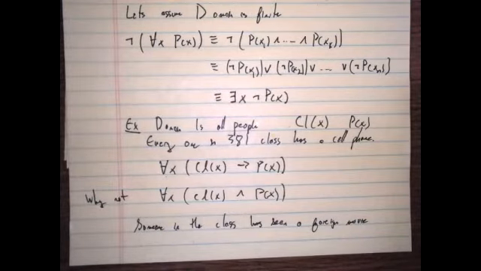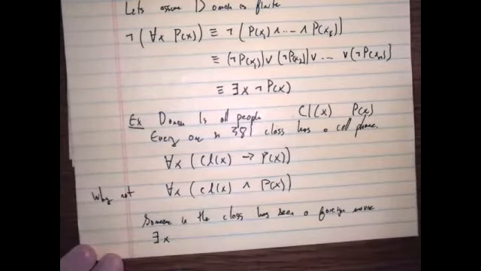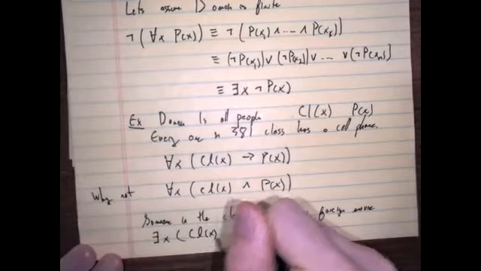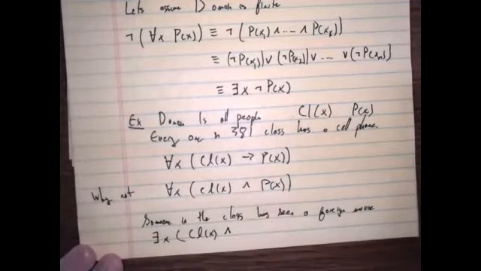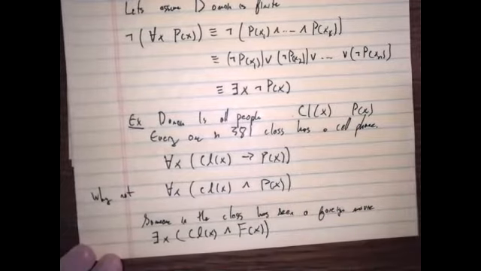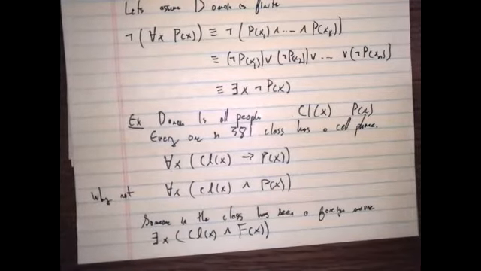So let's see. Here I would put there exists an X such that this person is in my class and they have watched a foreign movie, C(x) and F(x). So let's consider if this is possibly the same as being in my class implies that they have watched a foreign film.